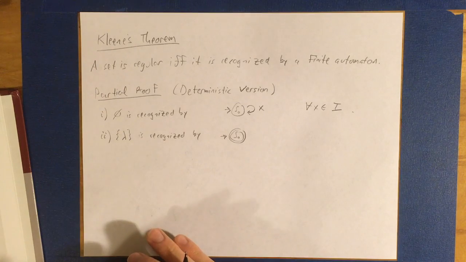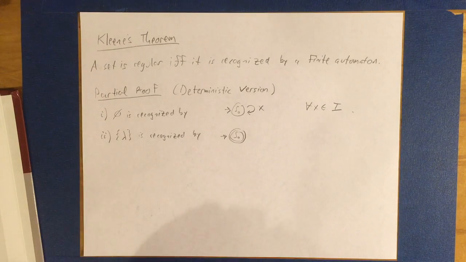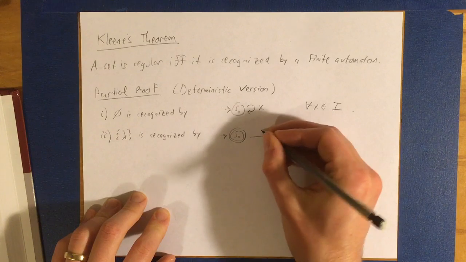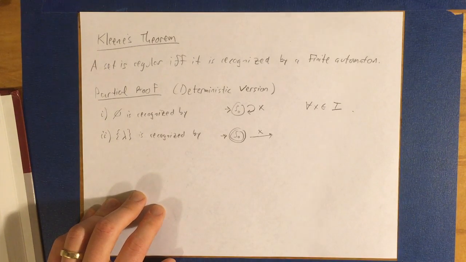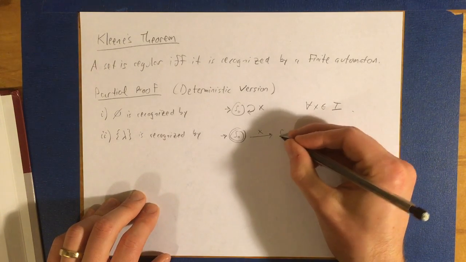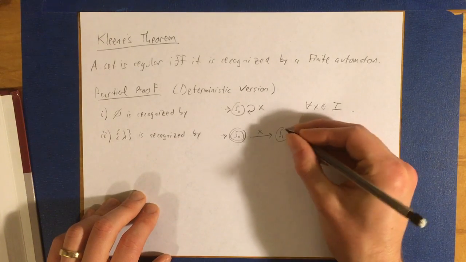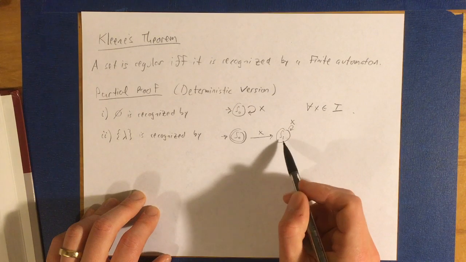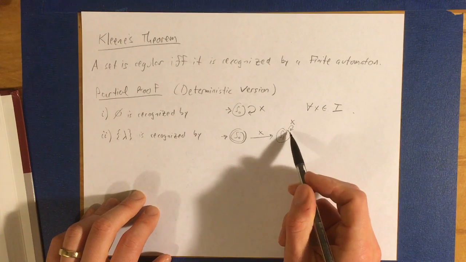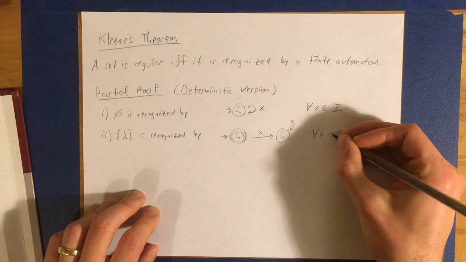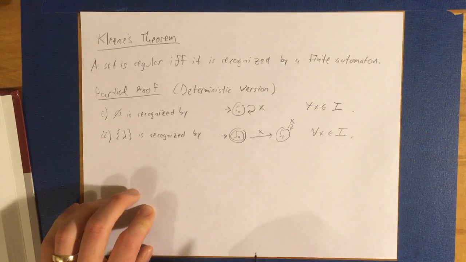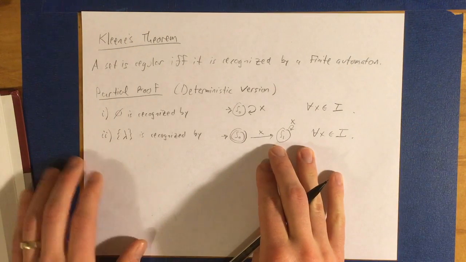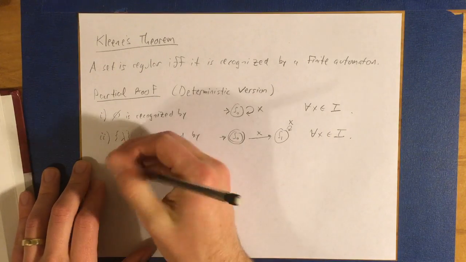But we don't want to recognize any other string, just that one. So if we receive any element of the alphabet, then we need to go to a new state, which is a pit of despair where it's not recognized. So if you receive anything, go to this state 1, and if you receive anything further, stay in state 1. This is, again, for all x in I. So that's our simple machine, which is going to recognize just lambda.